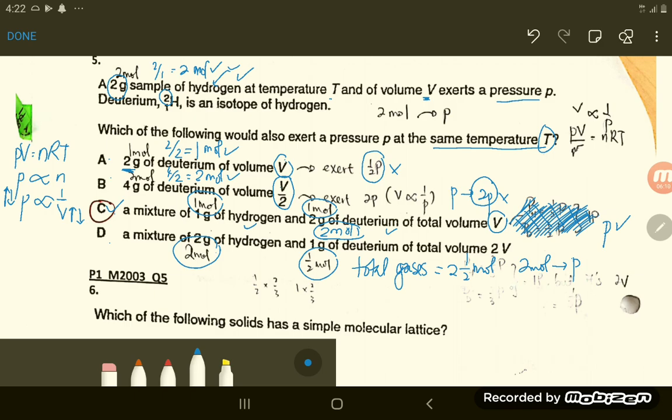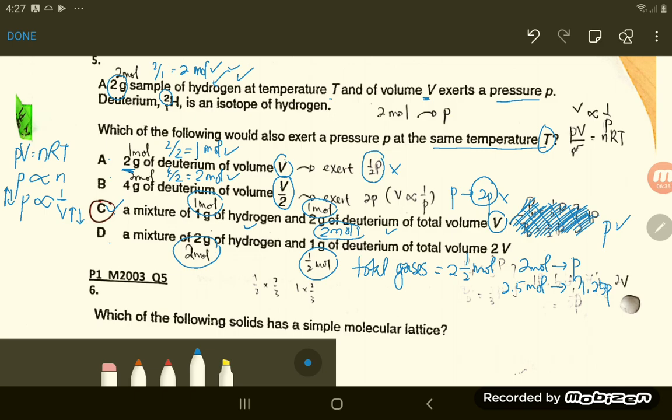So therefore 2.5 mole will give you how much? So this would give you 1.25 pressure.